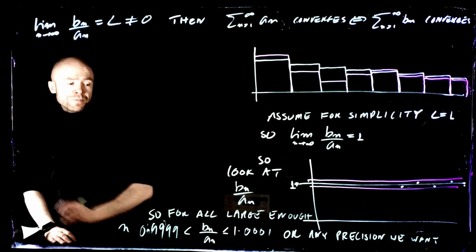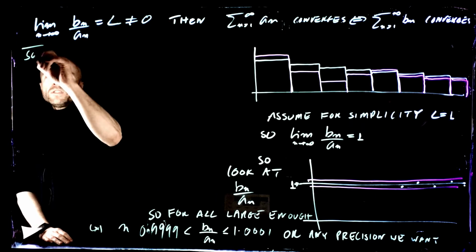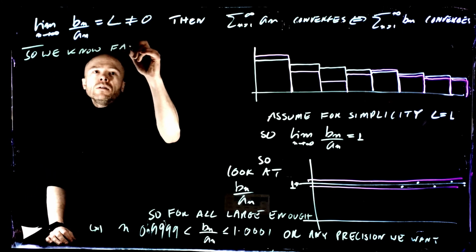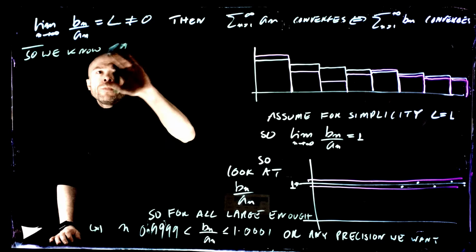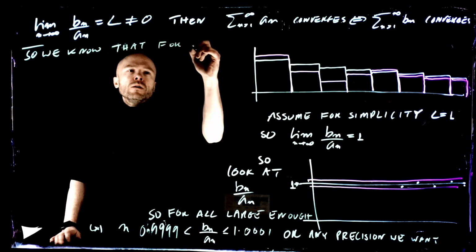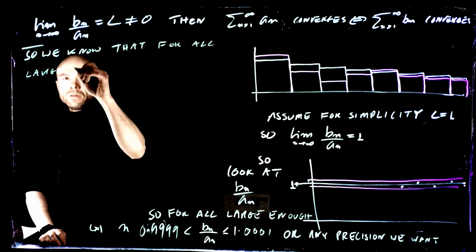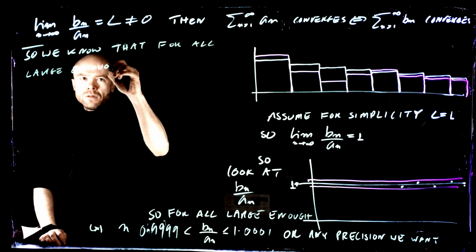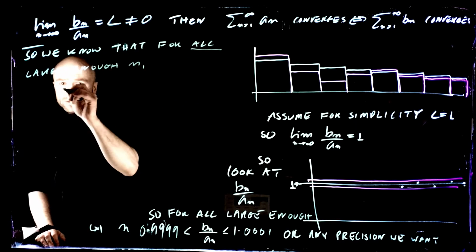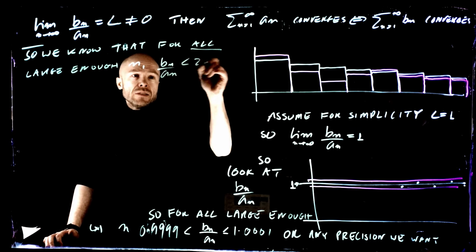In particular, as a consequence of this, we don't even need this level of precision. Let's call this thing star. We know that for all large enough n, emphasize all large enough n, we have that bn over an is less than 2, say.